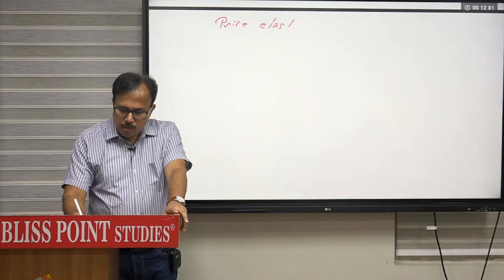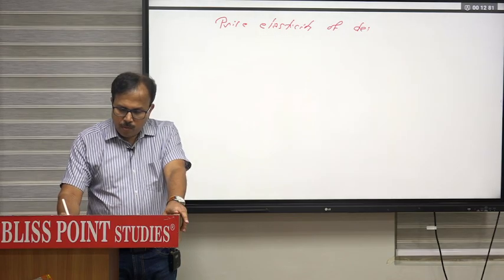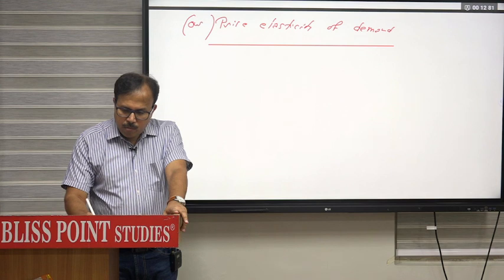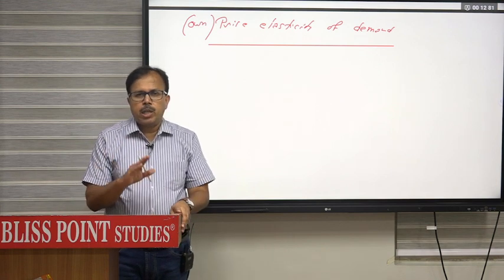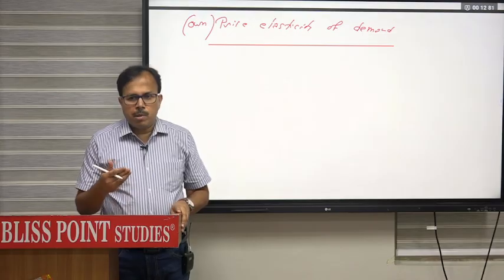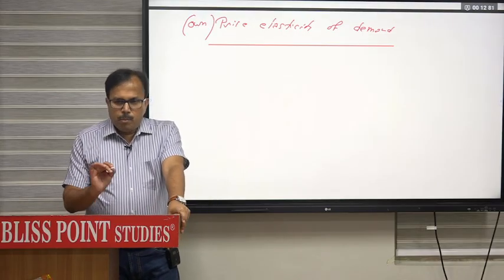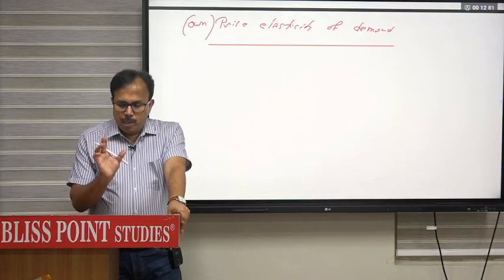Price elasticity of demand may be sometimes written as own price elasticity, because one is cross price elasticity and one is own price elasticity. The good whose demand is changing, the price of the same commodity is changing. So what is the price elasticity demand? You can write the definition for price elasticity demand now.